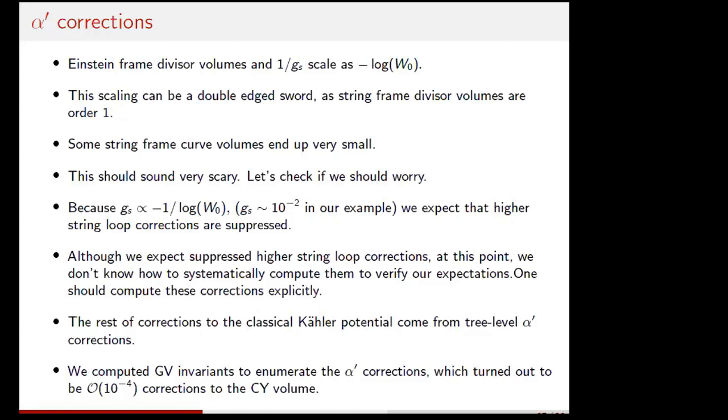That is why we're supposed to be worried about the small string frame volume or large string curvature. And what we did check explicitly was that the suppression factor that always comes along with the new operators introduced by N=1 breaking is really suppressed. Typically, they were at least smaller than 10^-2 and 10^-3.